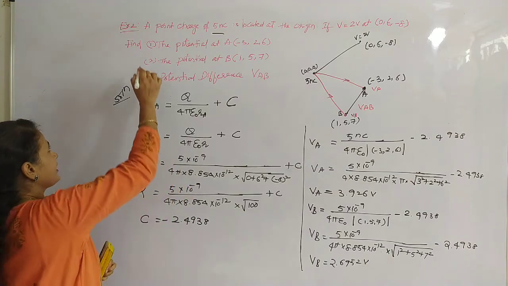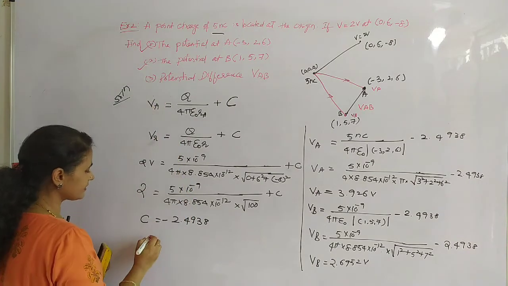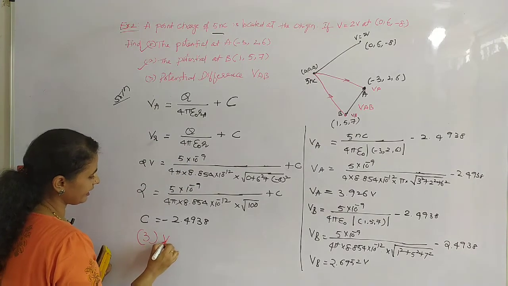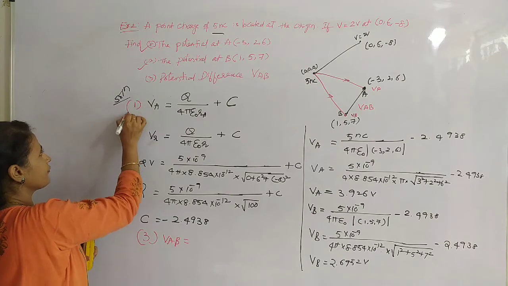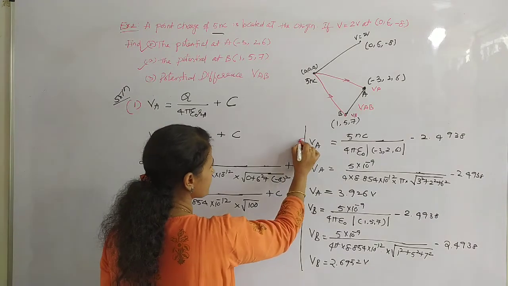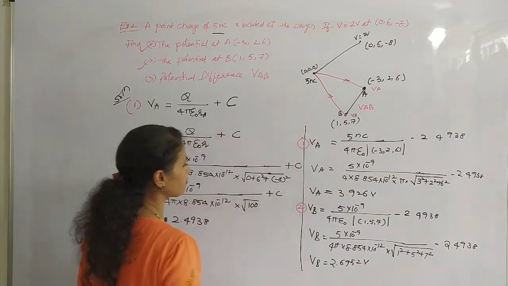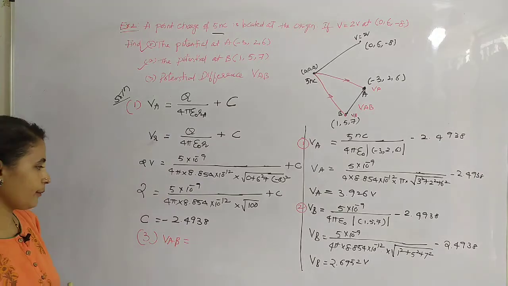So VA, VB, and the third one is VAB. The first part was VA, here also we find VA, this is VB, and now VAB.